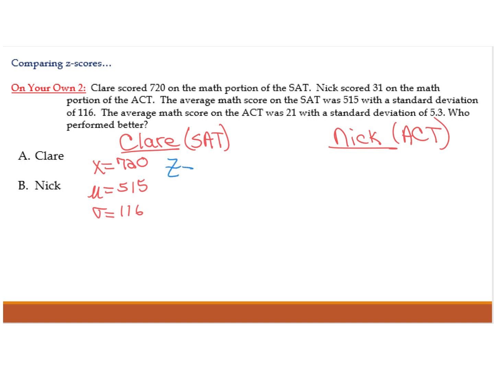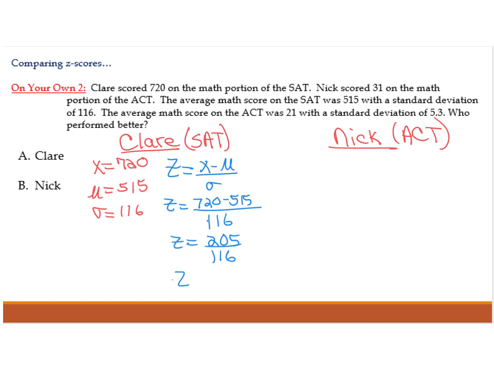So I'm going to have z is equal to x minus the mean over the standard deviation. Z is equal to 720 minus 515 divided by 116. I'm going to simplify, and when I do that, I get 205 divided by 116.